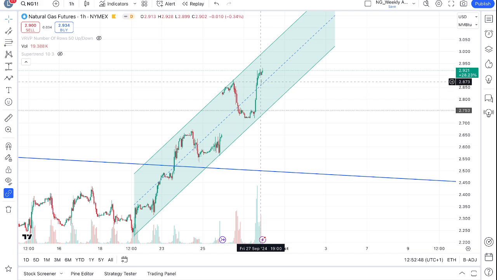If we break down the channel, we are definitely bearish on this time frame, in the near future. If we break out of this channel, we're going to be super bullish for sure, but we will leave that to the markets to decide what they want to do. We just keep our analysis going and see where we land for next week.